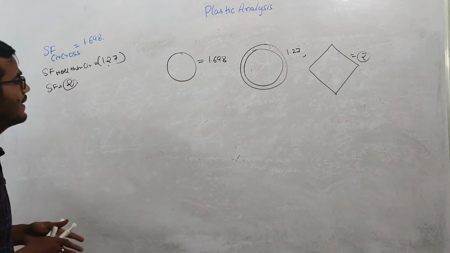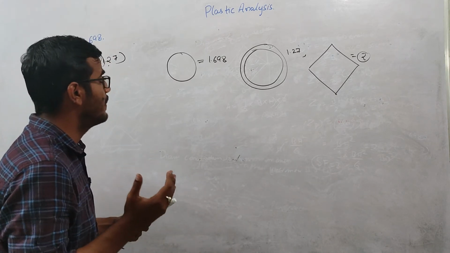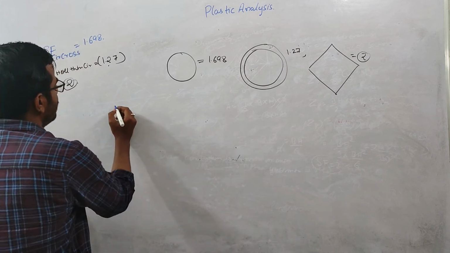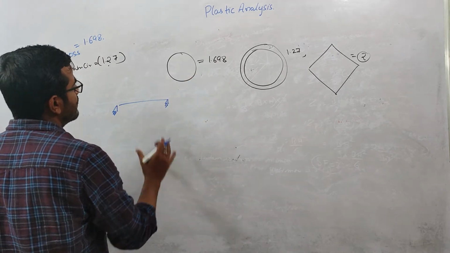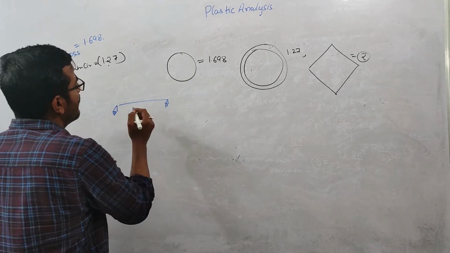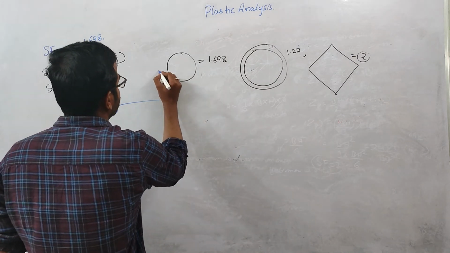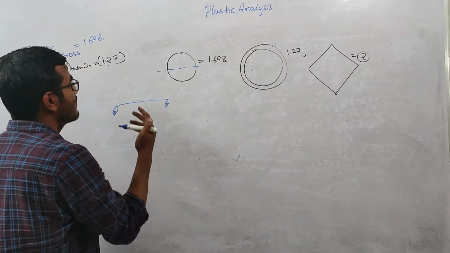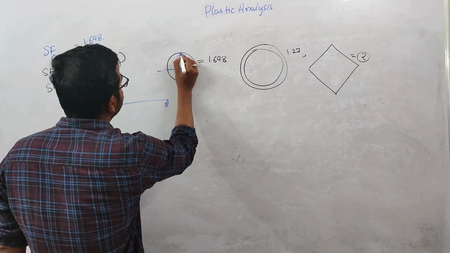Basically, as you can see, when we are applying load on the beam, let us suppose it has this circular cross section. When you apply load on this beam, this circular cross section will bend. It will be subjected to some compression and tension, some bending stresses. The outer fiber will yield first.